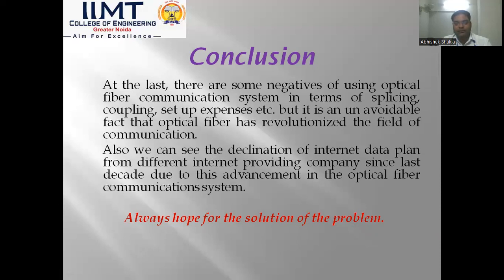Why? Due to this advancement of optical fiber. Before that, we were using the internet on our mobile in MBs. Now in today's world, we are working in GBs, or further, we can also use terabytes per second.